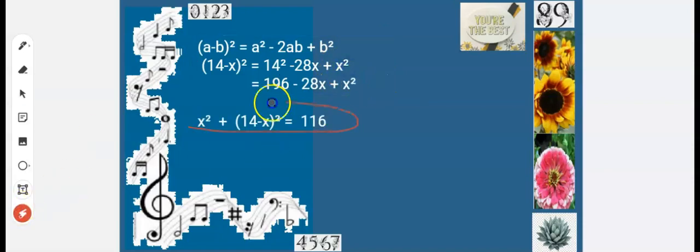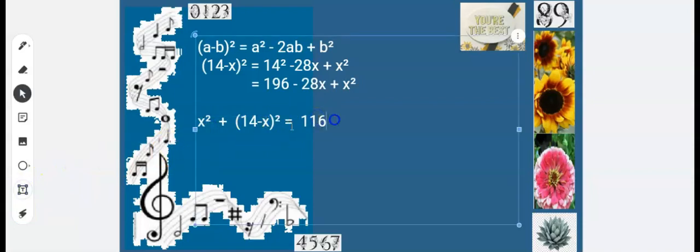Alright, at the back of your activity sheet, please copy the equation that you have formulated at step number 3. Since we expanded (14 minus x) squared, we will replace this expression with the expanded form. Please observe. I'm going to copy x squared. It was not touched, so just copy.